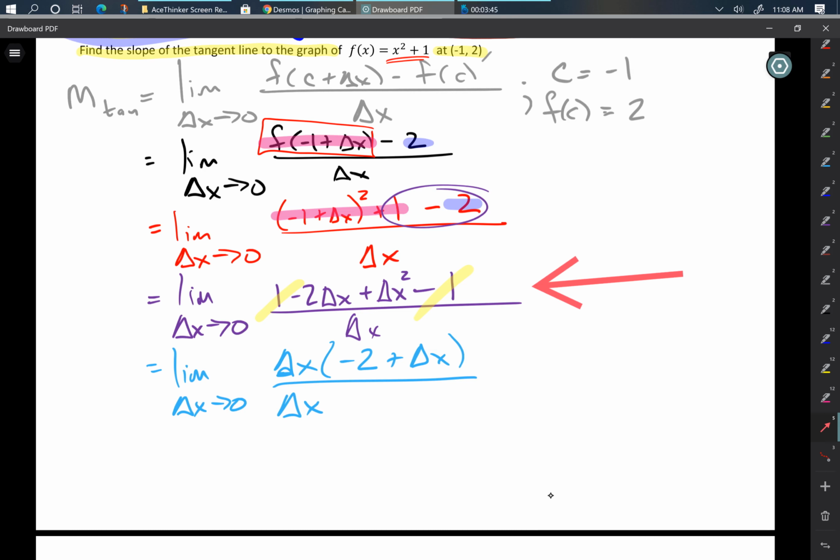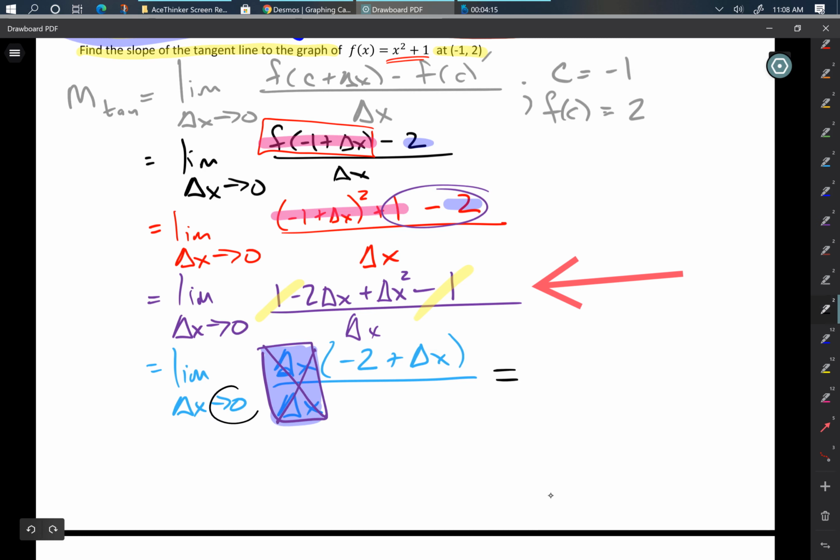This approach will absolutely always result in this step having the entire numerator factorable by delta x. The reason being is we need this to show up in the next step, because what is this? Well, this is the hole in the graph that we can then ignore and take the limit of what's left.